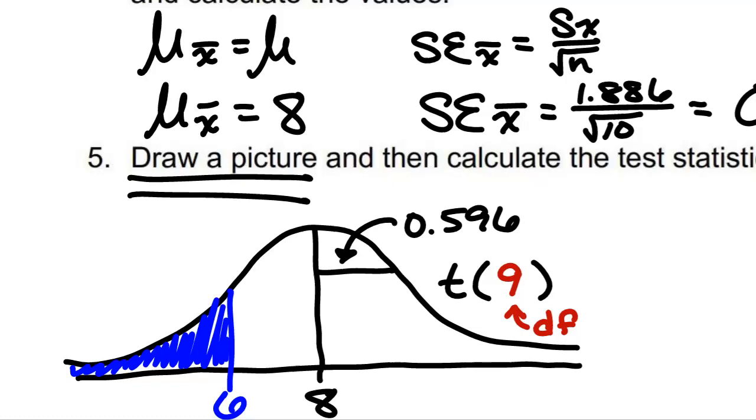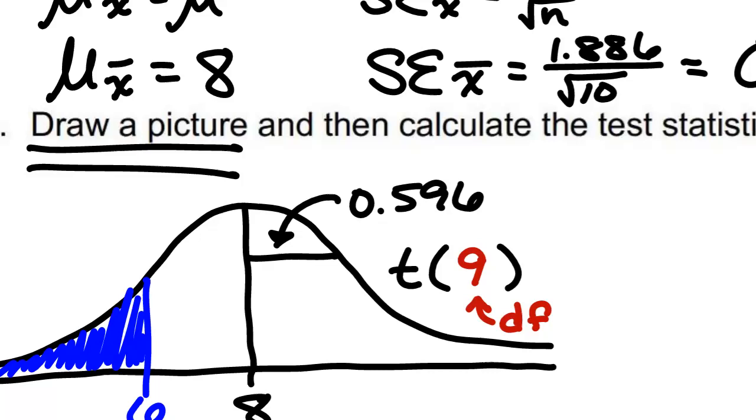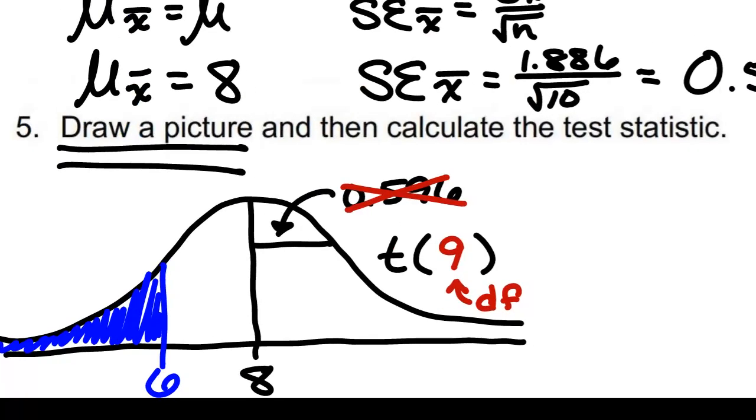So then there's actually one more thing that I need to do to this. We don't need to put standard deviation on this type of a picture because it's a t distribution, not a z. When we do our normal curves, we put in the standard deviation and we have our mean right here, but because we're using a t curve, we have to fit our data to a t distribution.